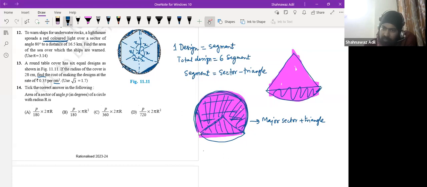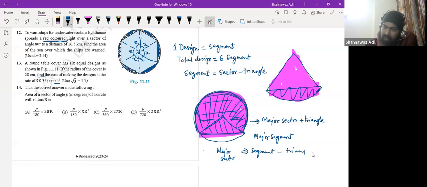But sometimes it depends on the question they ask. What if we have to remove that part? Let's say the major segment is given, and they want you to calculate the major sector. Then the major sector would be segment minus triangle.